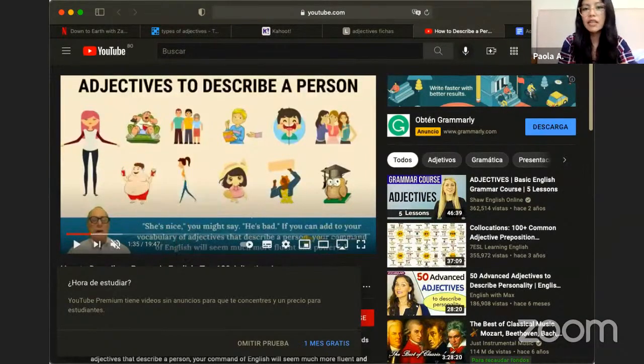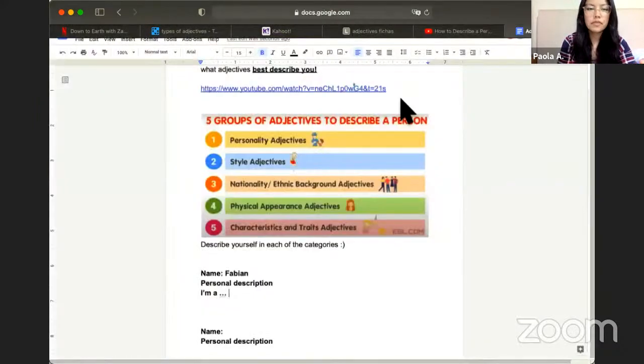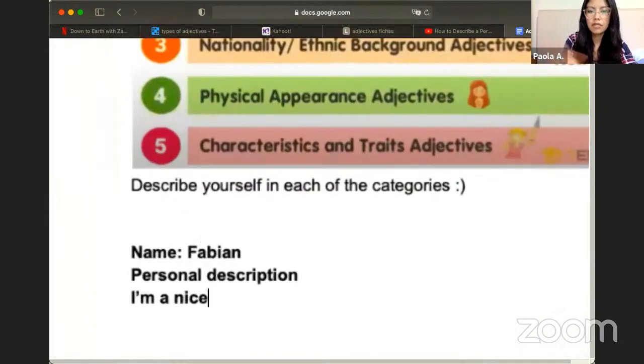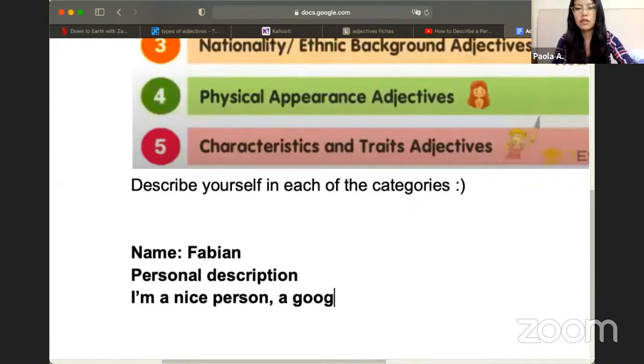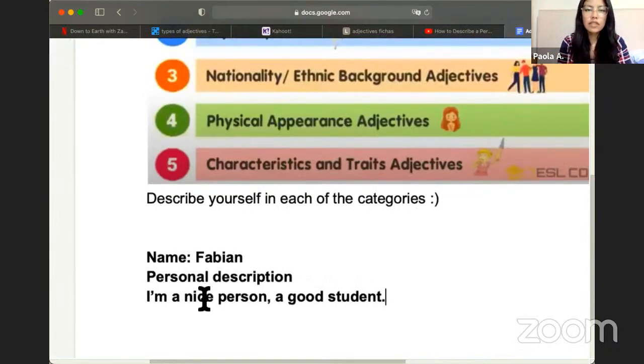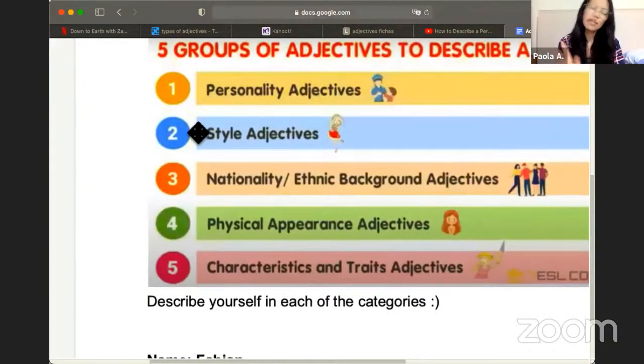Maybe you can say nice. I'm just making something up. I am a nice person. A good student, or whatever you find. So this is the adjective, this is another adjective.